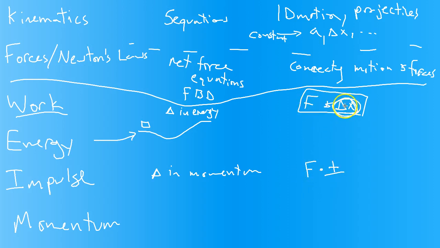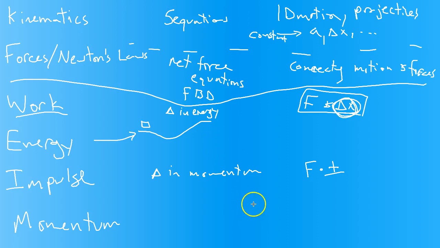Force and displacement, work; force and time, impulse. This is the key. If you're in a problem-solving situation and you see something connecting forces and time, you should be thinking impulse. If you're seeing something connecting forces and displacement, you need to be thinking work.